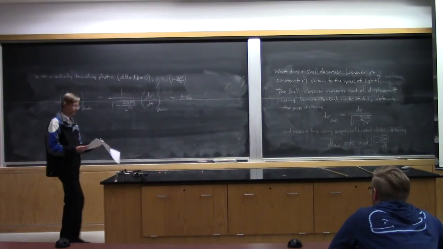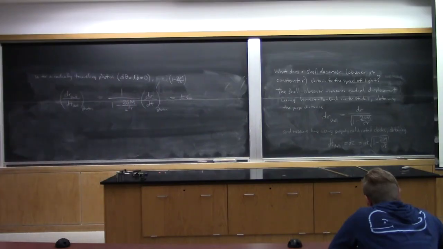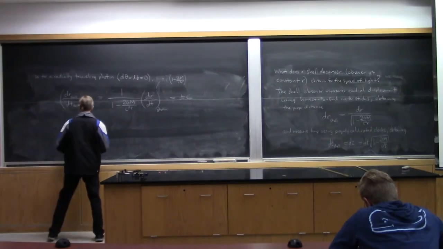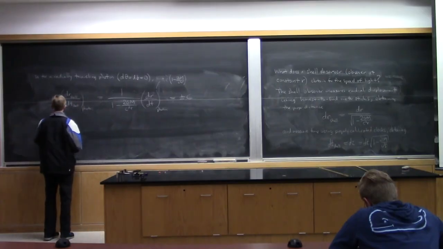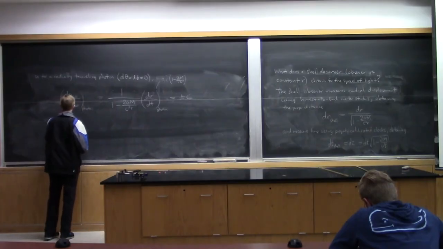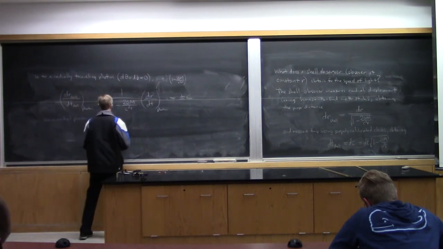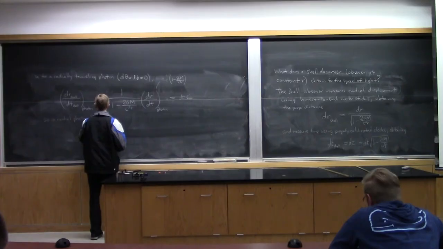In other words, if you use local meter sticks and clocks to measure how fast the photon's going, reassuringly you get the speed of light. So a radial photon has speed c as measured by a shell observer.